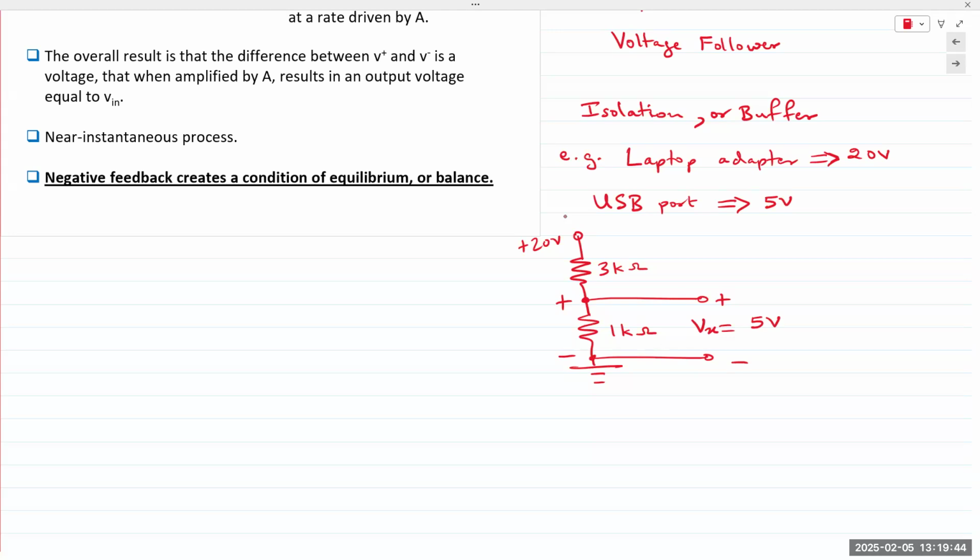But now let's say you connect a load, you plug in something into the USB port, and that load has a value of, let's say, 10 ohms. Okay, 10 ohms. What happens then?